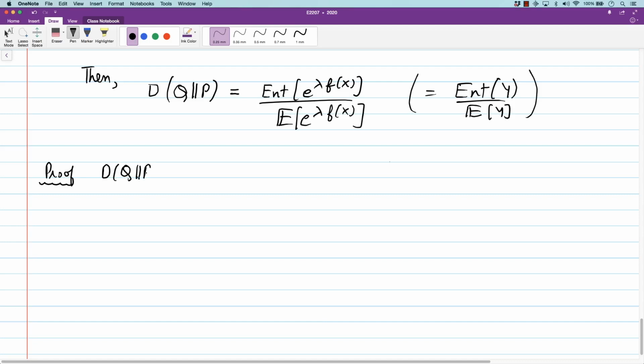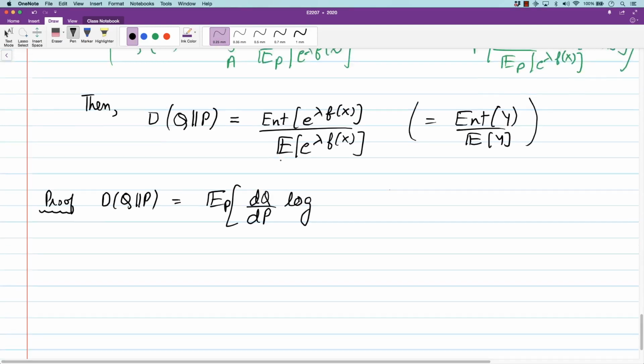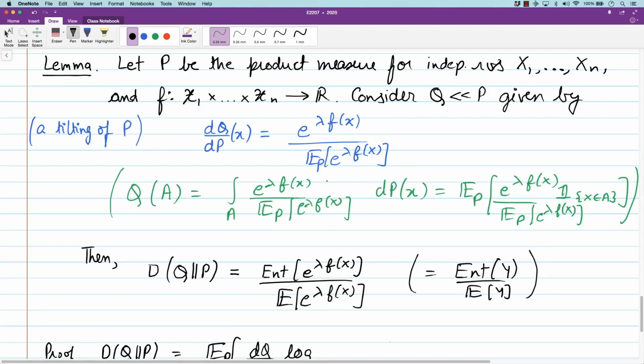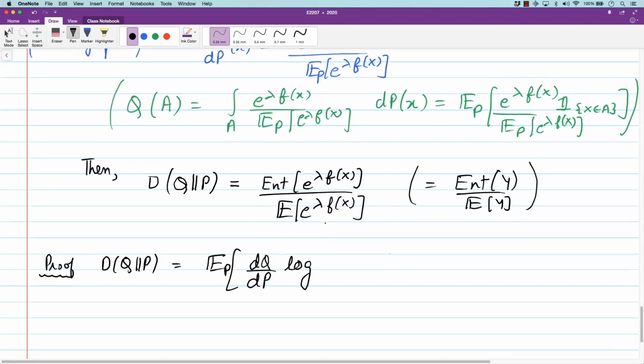Proof: dq by dp is the expected value under p of e to the power, this is just a definition, dq by dp. Since we have directly defined the density, you can verify that q is absolutely continuous with respect to p. If p of some set is 0, then the integration is over a set of measure 0, so this must be 0.